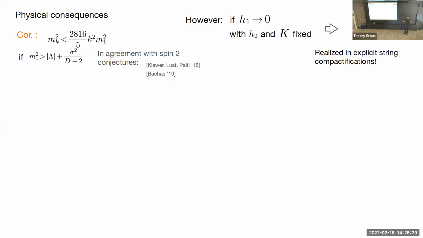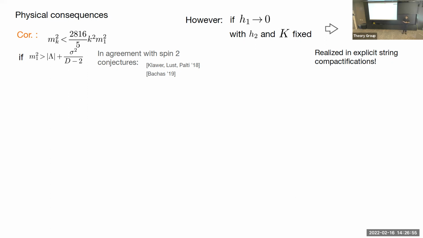You can have a situation where the whole tower becomes light, but it's not required. And indeed, if your manifold has an H1, the Cheeger constant, that goes to 0, but H2 and the others remain fixed, then you can have an arbitrarily high ratio between the second element of the tower and the first one that's becoming very light.